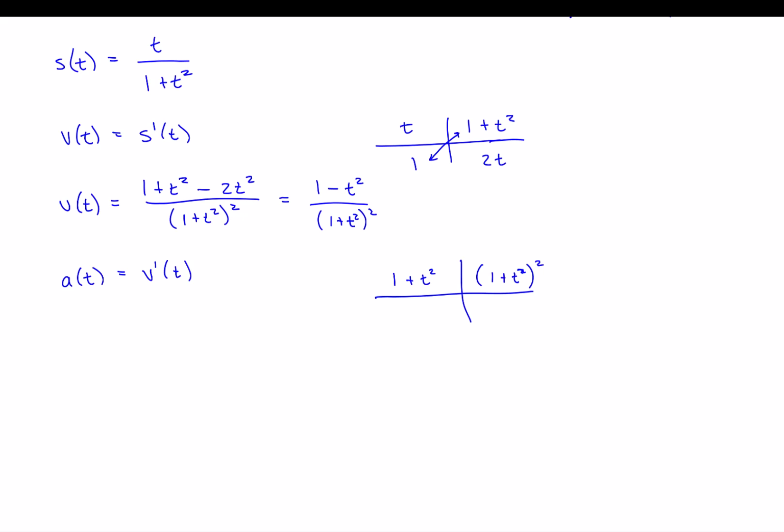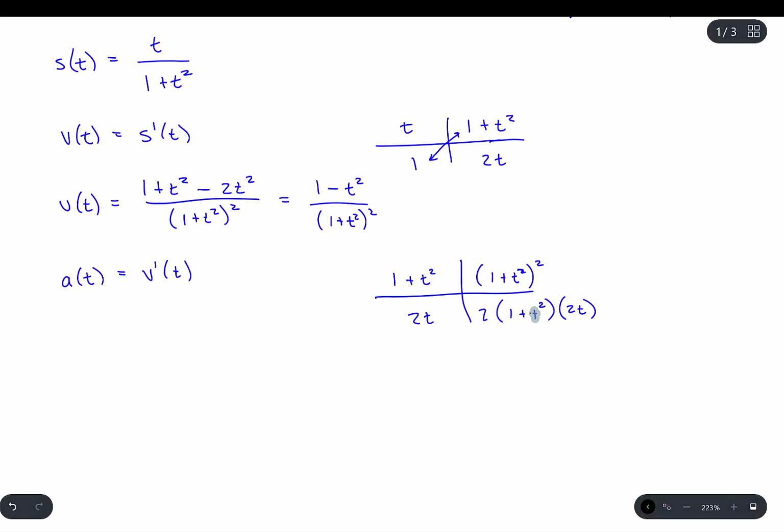The derivative of 1 minus t squared is just negative 2t, but this next derivative I need to use the chain rule, so I'll bring the 2 down, do 1 plus t squared to the first power, and then times the derivative of the inside part, which would be 2t.